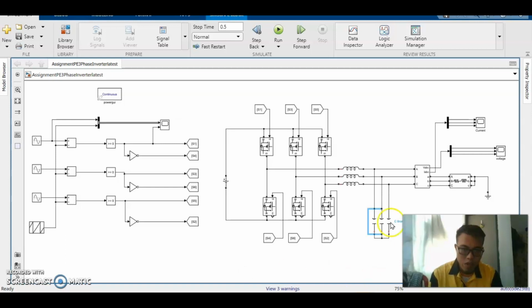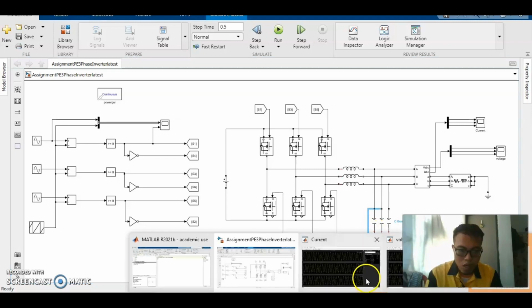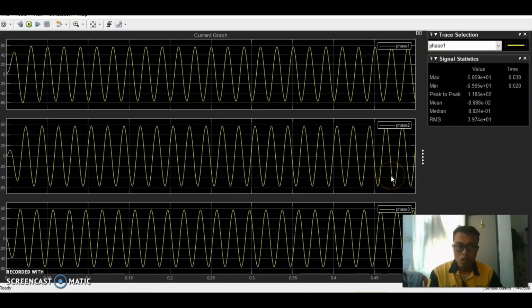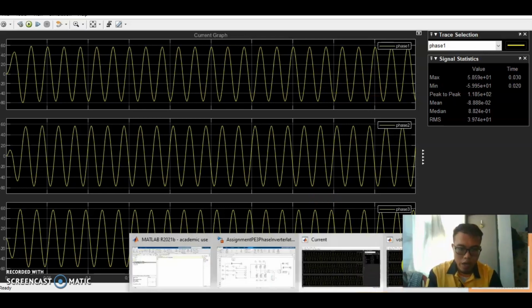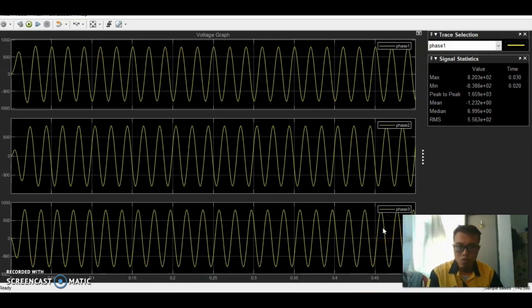As you can see, after we add the capacitor and inductor, we got the current graph in a beautiful sine wave form. Also, at the voltage graph, we get a sine wave with a good form of the graph.